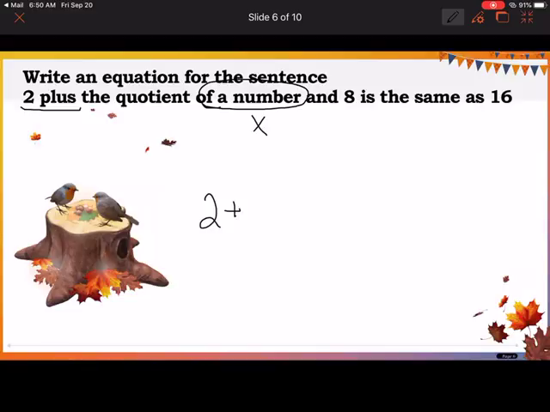So quotient. Remember, quotient means divide, but we're going to write that as a fraction now. So we have x and 8, and is the same. Here's that word is again, and here's another hint right here. When something's the same, they are equal. So that's another hint. So equals 16.